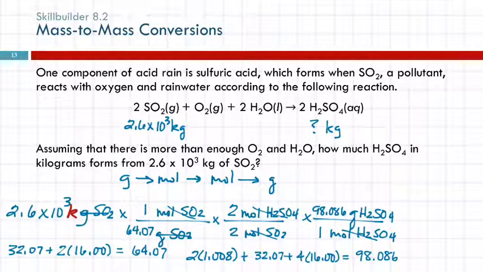I can't just use it on SO2, I could use it on anything. So this is still sitting here, and I've got gram, and so my unit ends up being kilograms. Well, that's convenient. I knew that was going to happen.